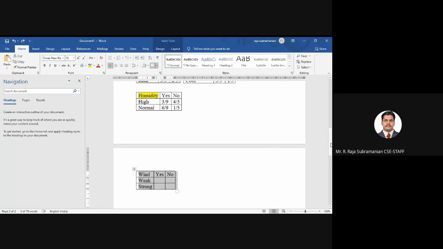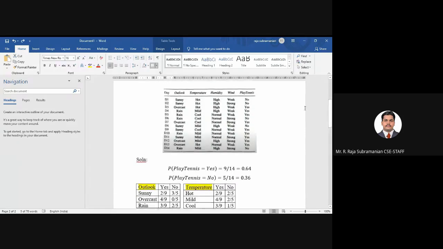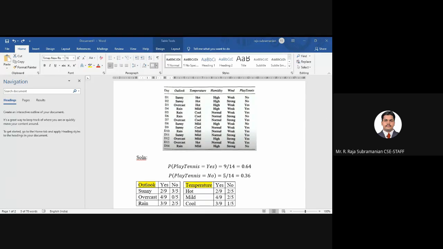Let us have this weak yes over here. So wind. How many weak yes is there? 1, 2, 3, 4, 5, 6. Is it 6? Kindly verify and say whether it is 6 for weak. And how many strong is there?